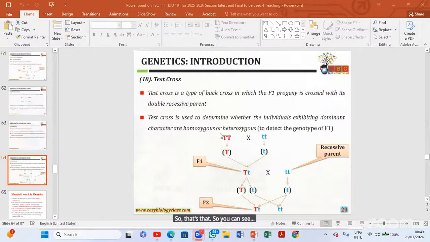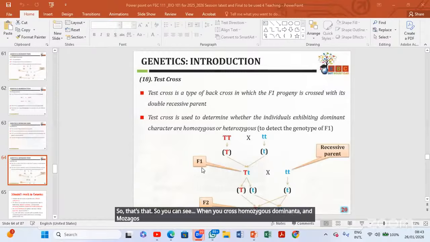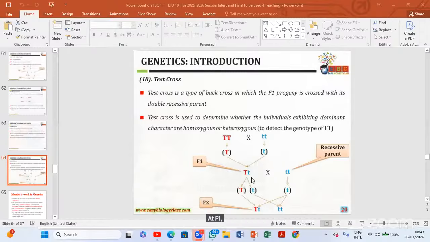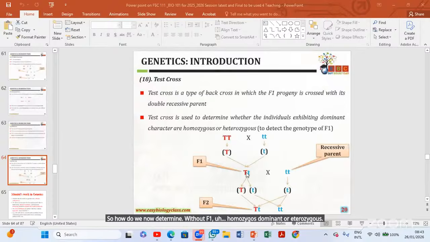You can see when you cross homozygous dominant and homozygous recessive, at F1 we have all of them dominant. Suppose we saw this phenotypically, and we didn't know the genotype. How do we determine whether F1 are homozygous dominant or heterozygous? We cross it with the recessive parent.